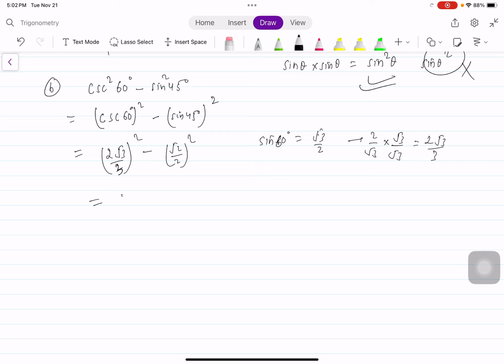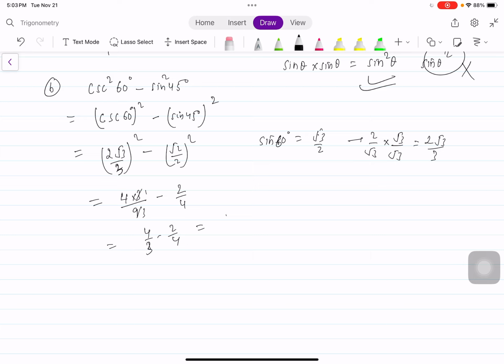So 2 square is 4 and square root 3 squared is 3, and this is 9 minus 2 over 4. So this is 3 times 1 and 3 times 3. So 4 over 3 minus 2 over 4. Now make the denominators equal.